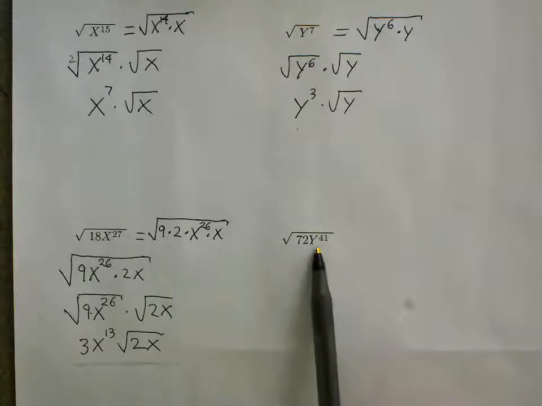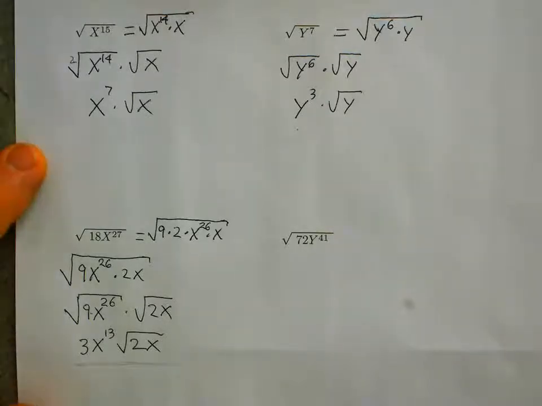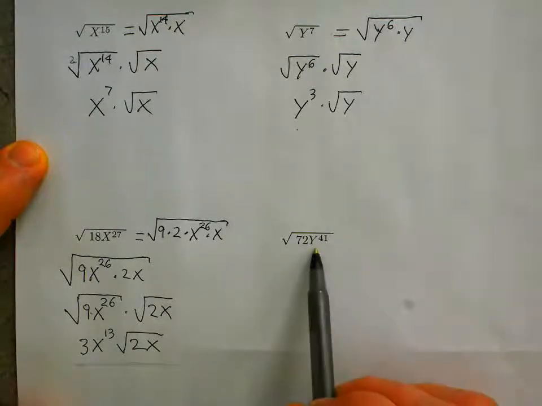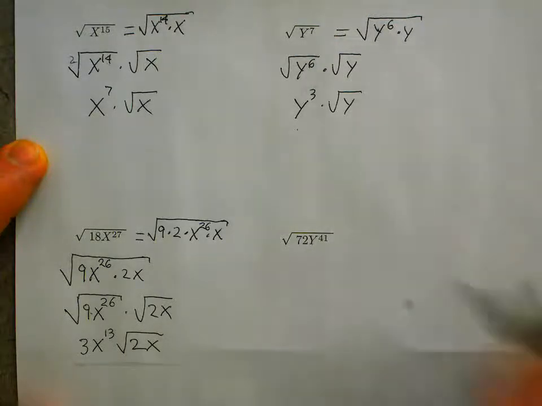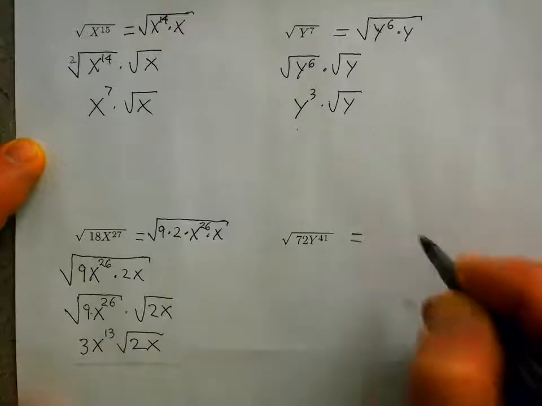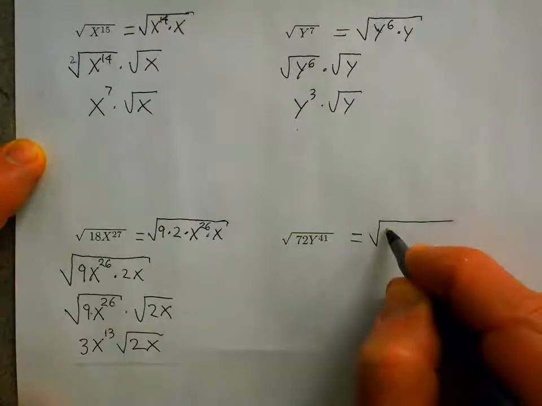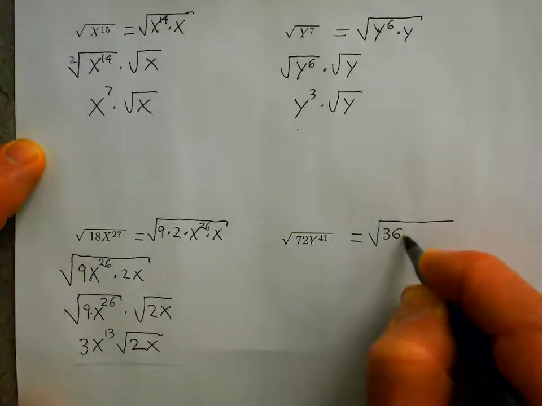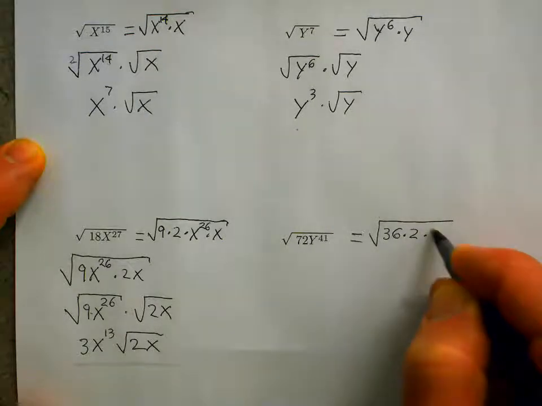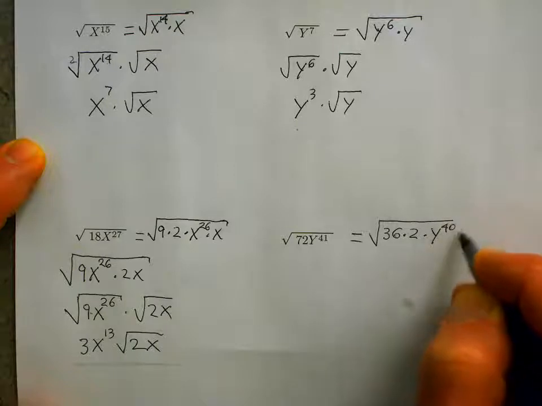The largest factor of y to the 41st that's a perfect square is y to the 40th. Y to the 40th times y is y to the 41st. Okay, so rewrite this as the square root of 36 times 2 times y to the 40th times y.